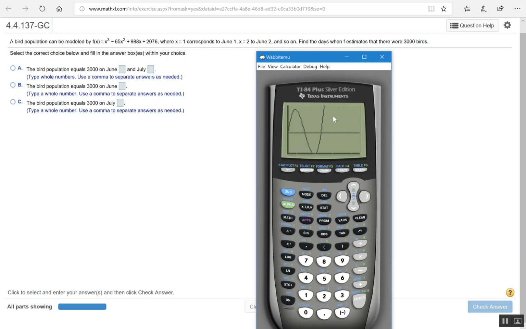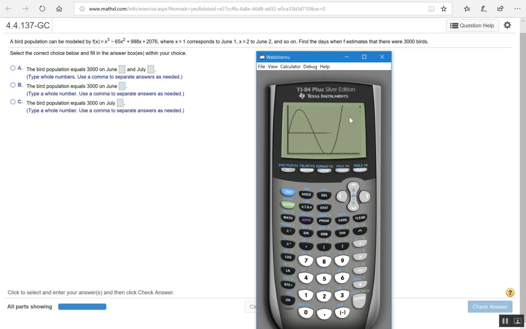You notice I don't have anything after here, so I can change my x to not go all the way to 90. It looks like I can change it to 60, just 2 months, so that I can see better.